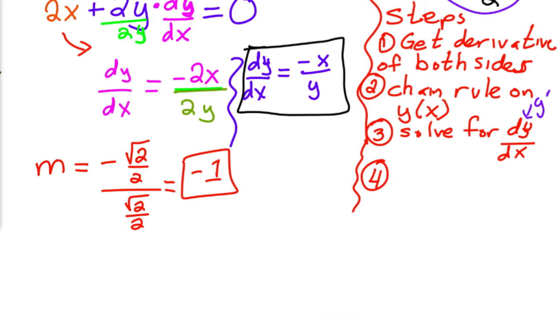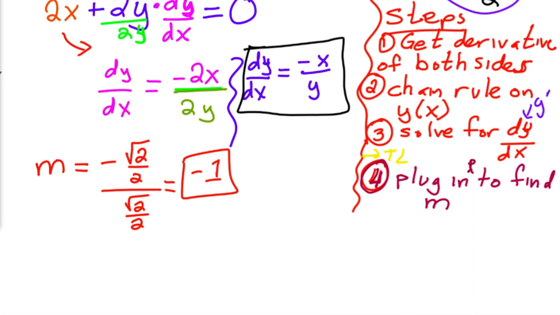So here, step 4, since I'm finding the tangent line: if you're looking for just dy over dx, you would be done. But if you're looking for the tangent line, then we continue with a couple extra steps. What I just did is plug in to find the slope, and plug in my point, and then I'm going to write down the usual steps.